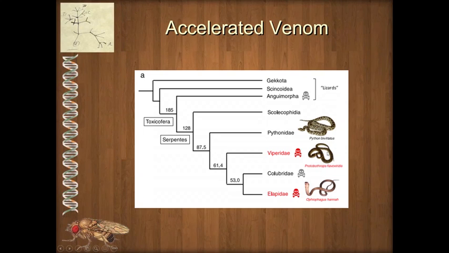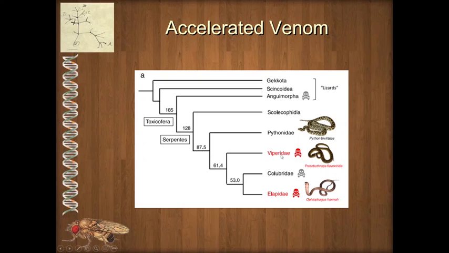Snakes are really just highly developed lizards that have specialized in many ways, lost their limbs, and of course toxin specialization is one of them. Not all snakes have toxins. Some of them seem to have lost the early primitive forms of toxicity that then were elaborated a little bit in the Anguimorpha lizards, and then to the most extreme in the vipers.